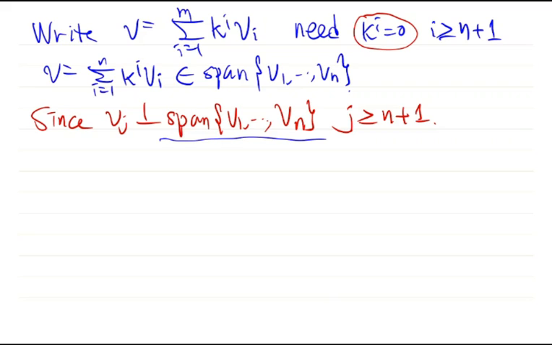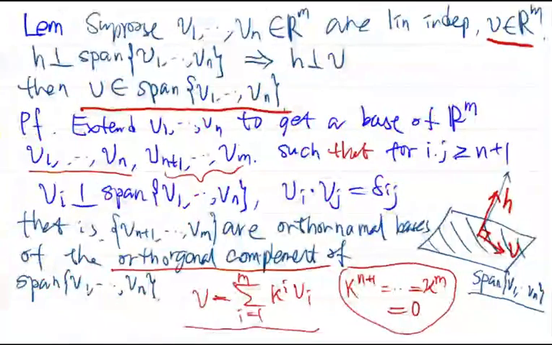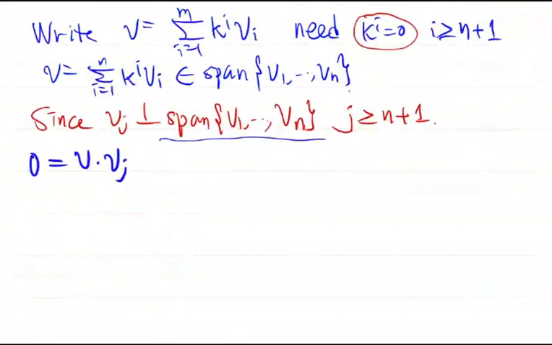So 0 would be the inner product of V and Vj, right? This is our assumption. Our assumption is that whenever a vector is orthogonal to the span space of V1, ..., Vn, then the vector will be perpendicular to V. Now our Vj here is perpendicular to the span space, so it is also perpendicular to our V. So the inner product is 0.